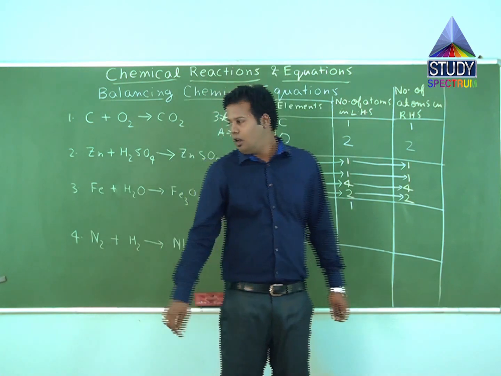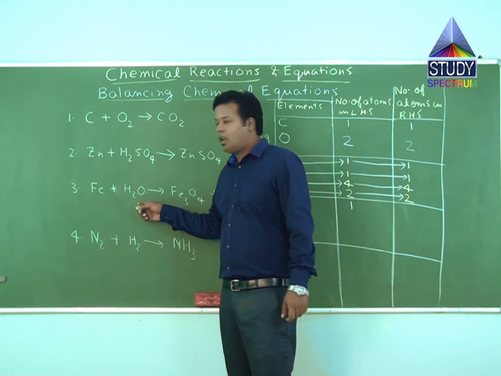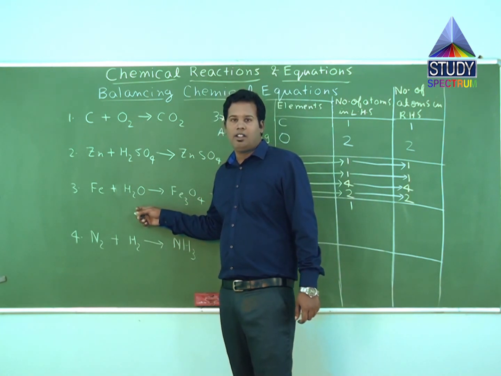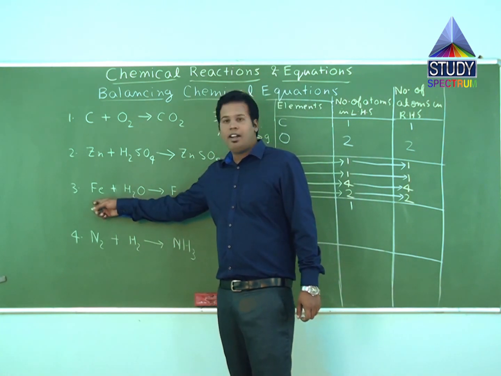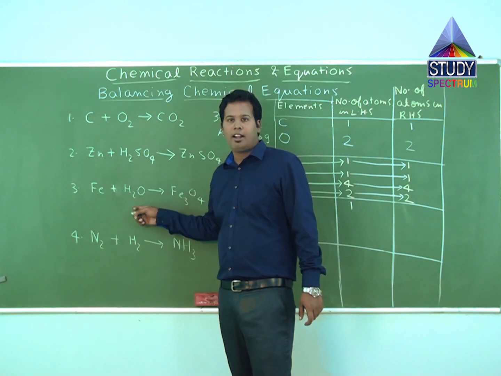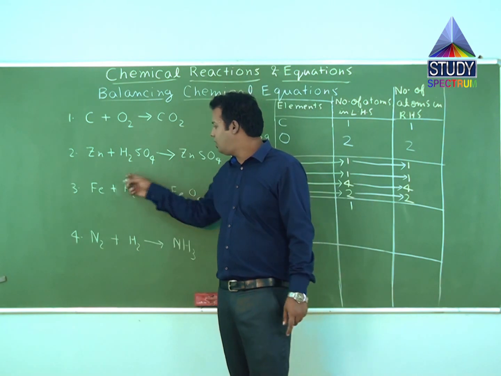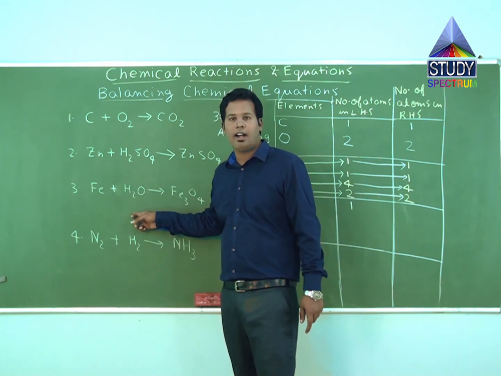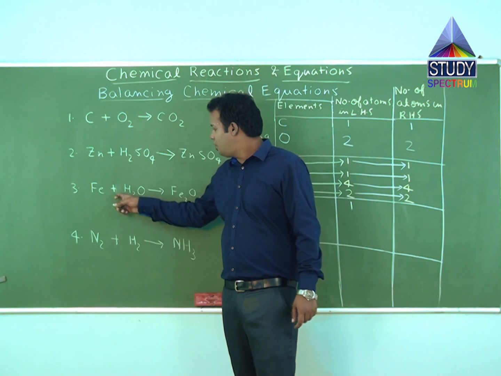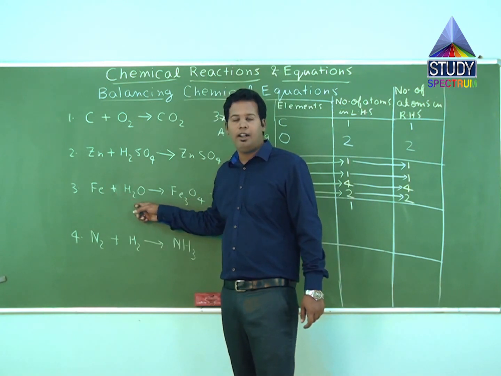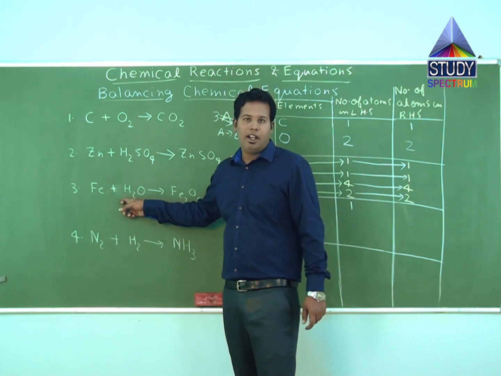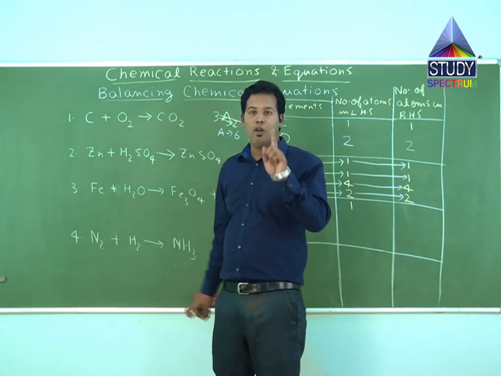Okay, now let us see what are the number of hydrogen atoms in LHS. The first reactant does not contain hydrogen, the second reactant contains hydrogen, and since there are only 2 reactants, we will try to calculate the number of hydrogen atoms from the second reactant itself. Now, the coefficient of this compound, nothing has been written there. It means the coefficient of this compound is 1.